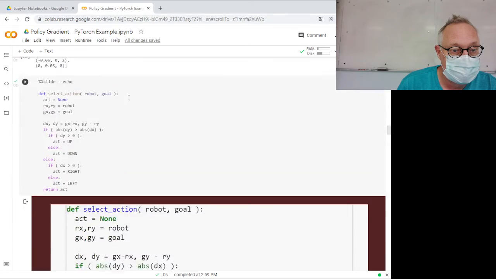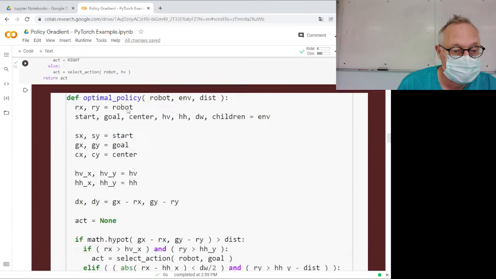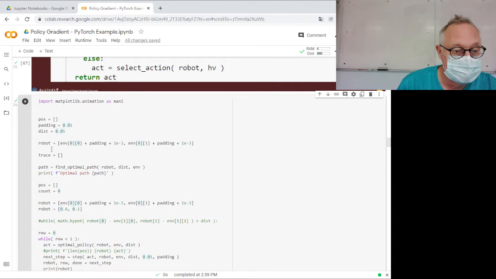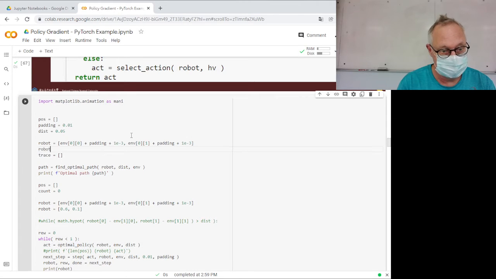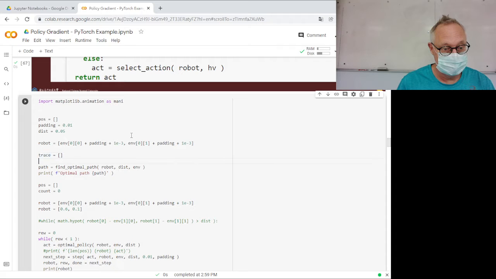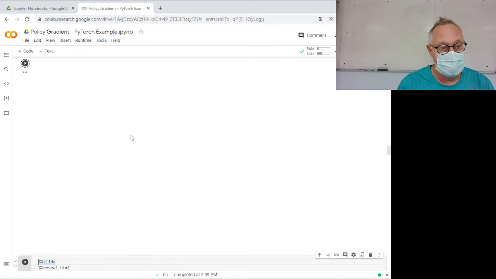Find the optimal path. Oh, I think the policy is messed up still.